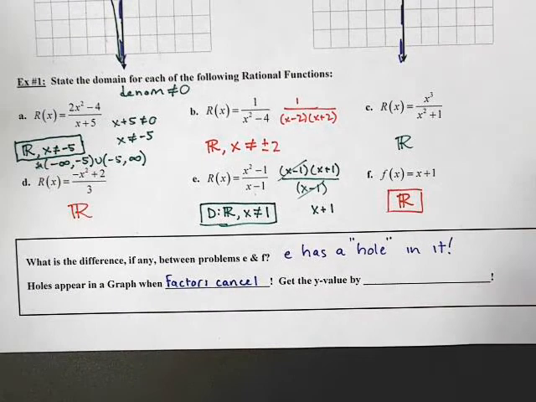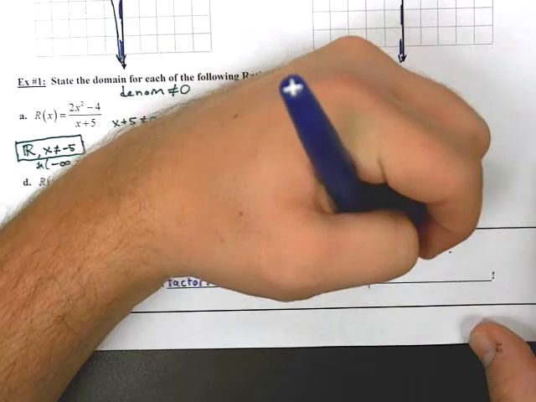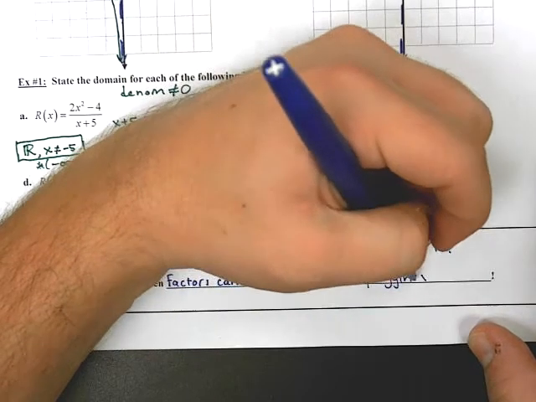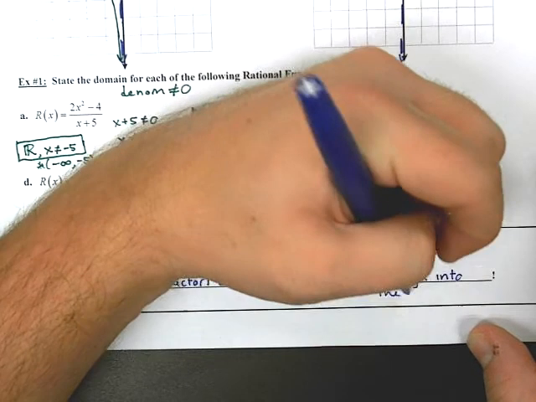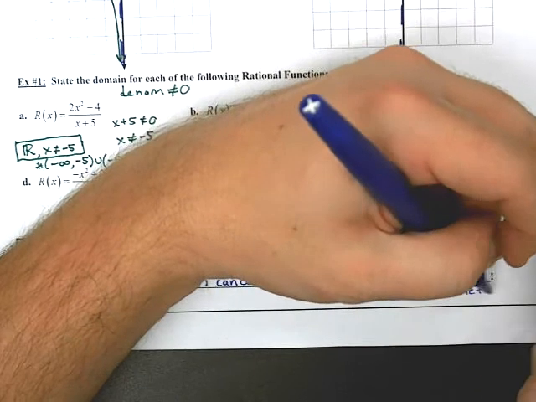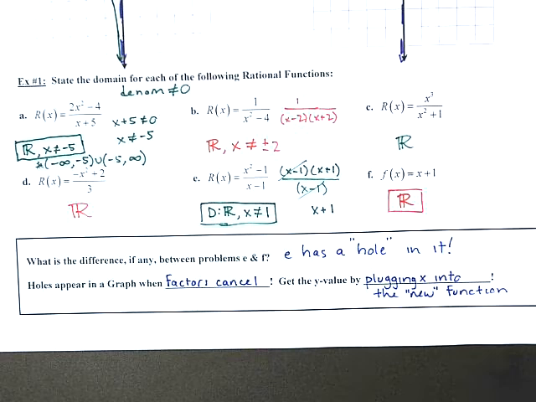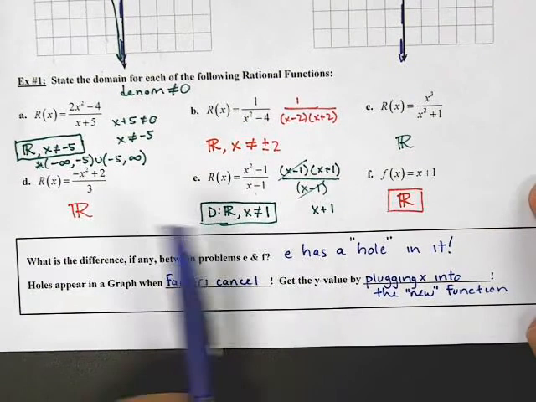Now to get the y value, you plug x into the new function. So what I would have to do here is say, I know there's going to be a hole at 1, right?